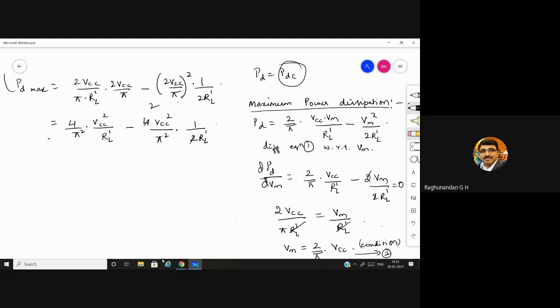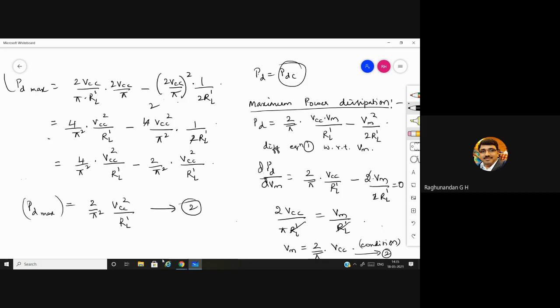On further simplification, 4 by pi square into Vcc square by RL dash minus 2 by pi square into Vcc square by RL dash. If we subtract these two, we get 2 by pi square Vcc square by RL dash. That is the Pd max. This is equation number 3, the equation for maximum power dissipation.